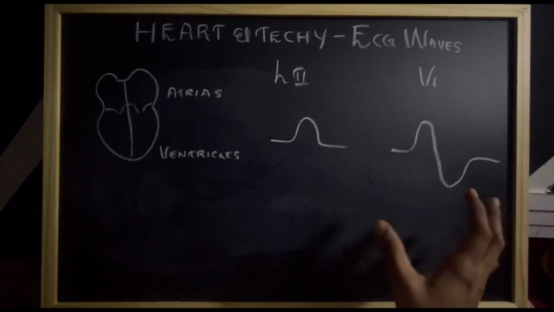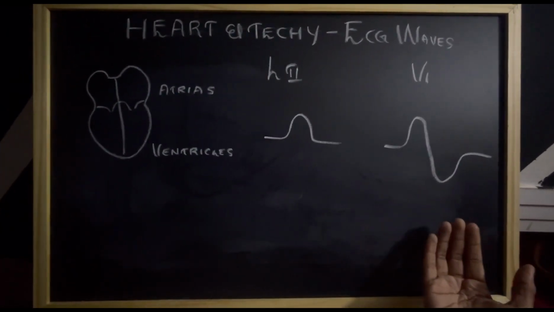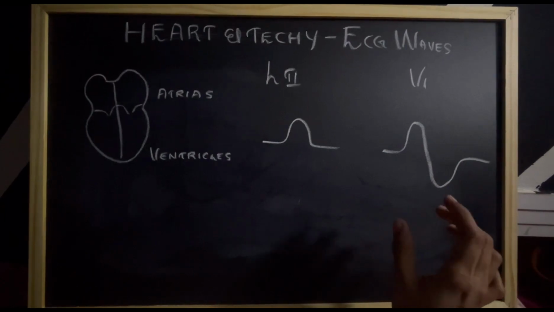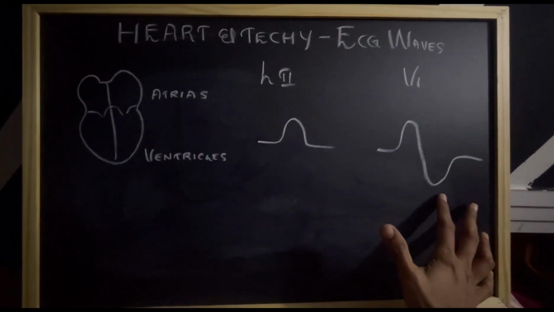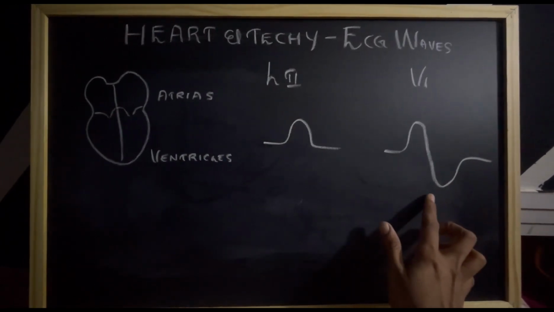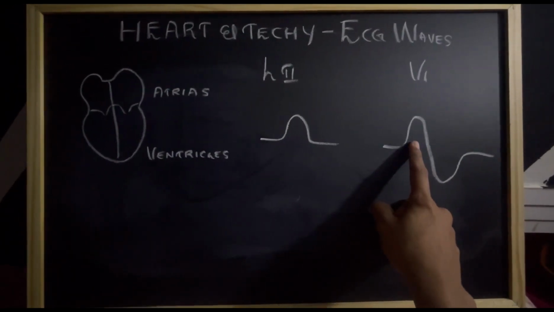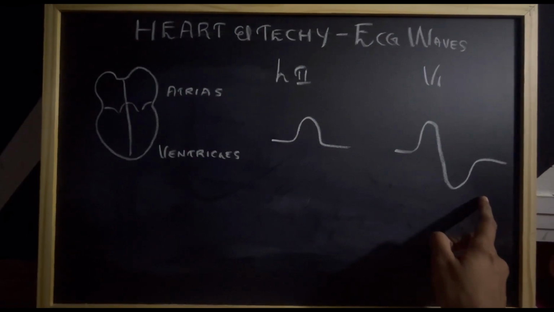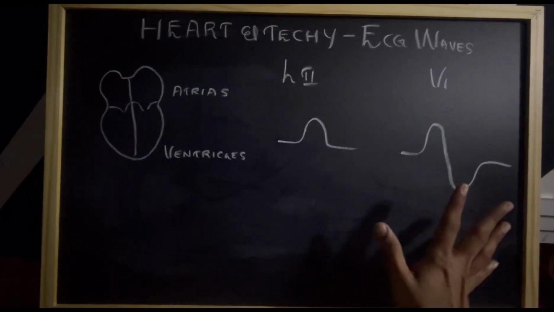Next time when you are analyzing an ECG, focus more on the P waves. In V1 there will be two deflections: one is a positive deflection and another is a negative deflection. So why does it differ?